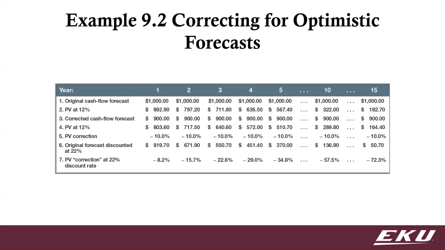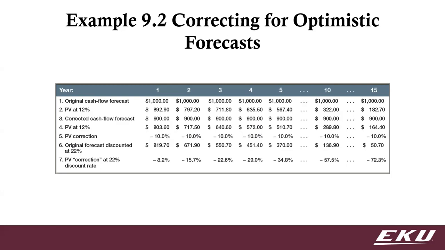This is just to show how you can make corrections when people have had optimistic forecasts, following that example from the book.